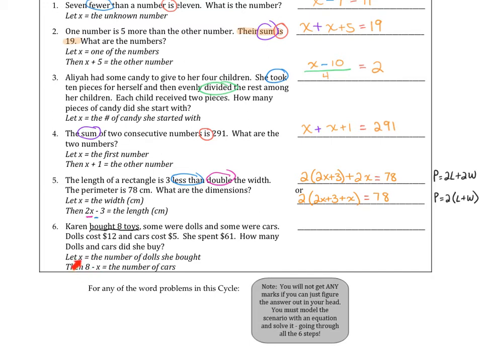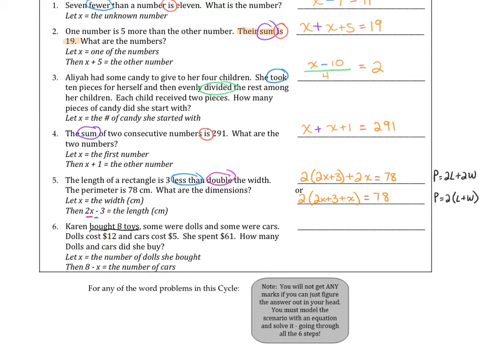So for example, if she bought 2 dolls, because there's 8 toys, she would have bought 6 cars. 8 minus 2 is 6. If she bought 5 dolls, then she would have bought 3 cars, because they have to add up to 8 toys. So 8 minus 5 is 3, so that would be 3 cars.